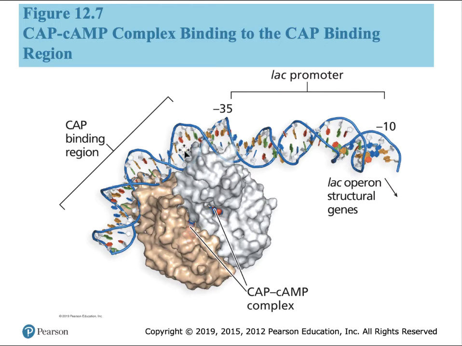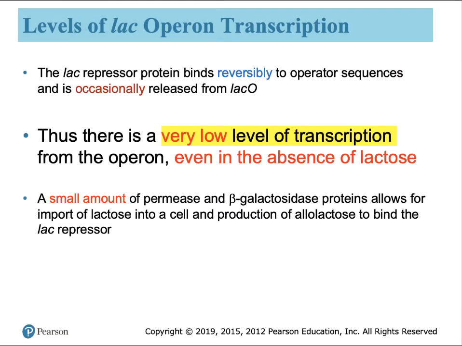It does so by bending the DNA almost 90 degrees and therefore docking the RNA polymerase onto the Lac promoter at the perfect position and then giving it a push so that it can continue to transcribe the gene. Once one RNA polymerase has been pushed along, another one is recruited and another one, just like a train of RNA polymerases.